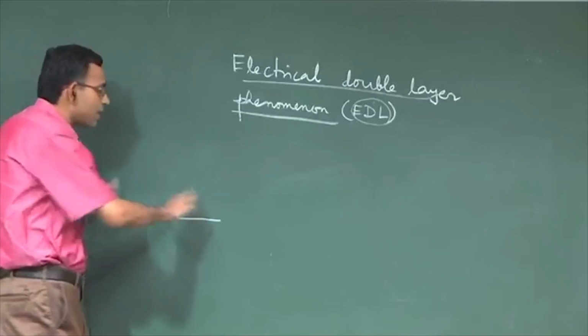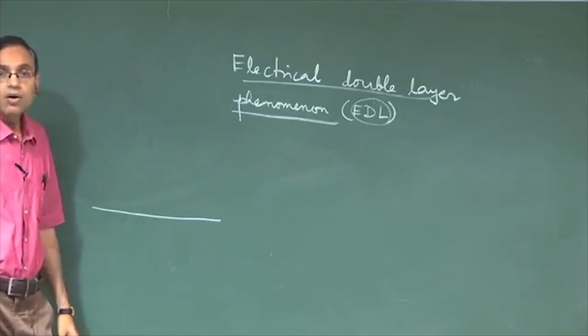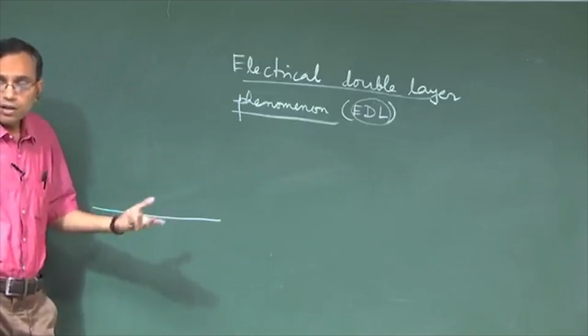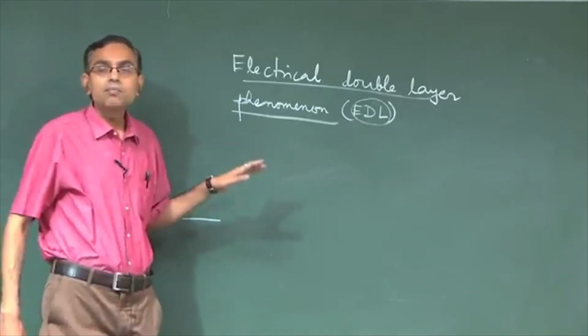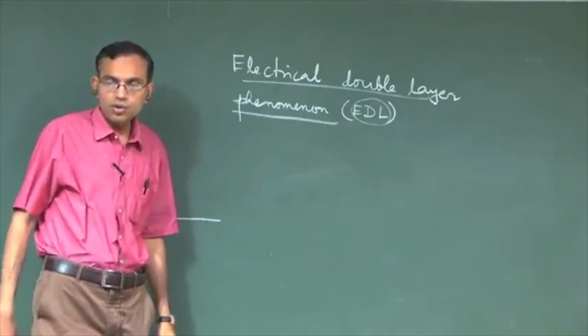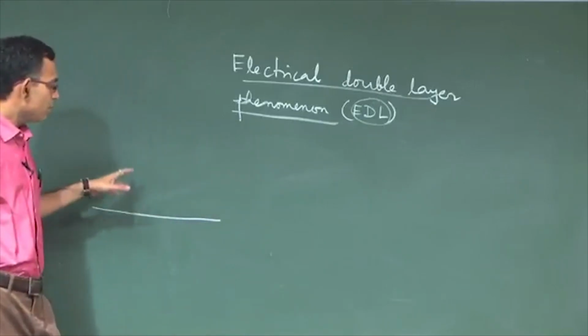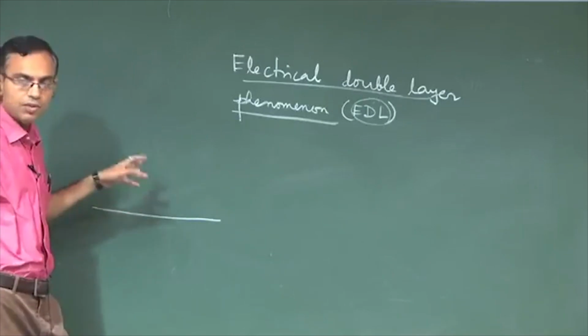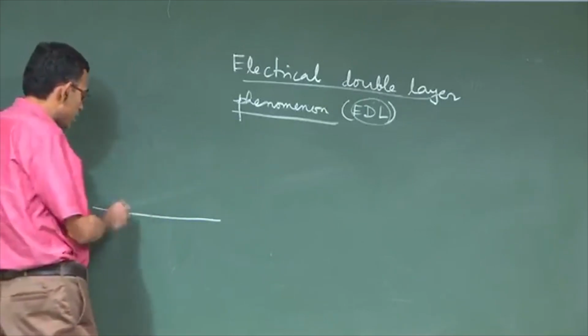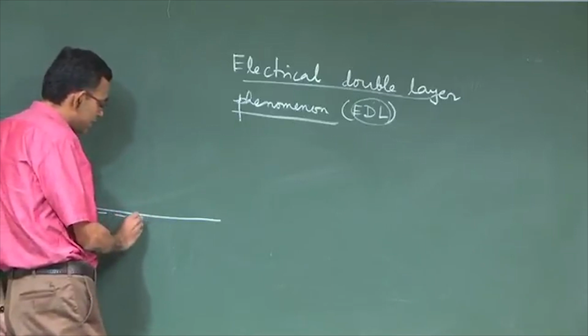The surface may acquire a net charge. How much charge it will acquire depends on the pH of the solution. For example, for a salt water solution with neutral pH, that is pH equal to 7, the glass will assume a net negative charge.